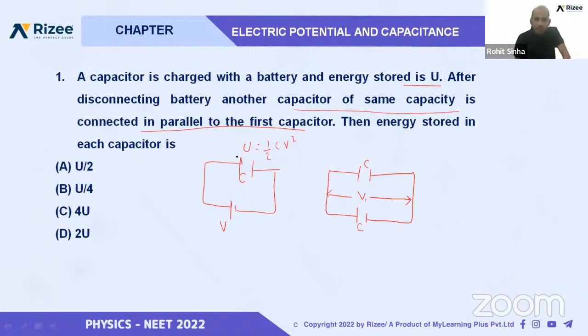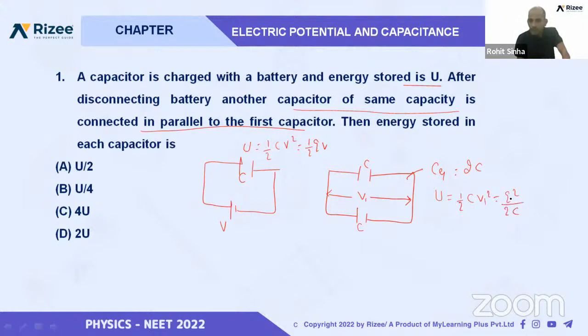From here, we know U is equal to this, we can also write it as half QV. Now if they are connected in parallel combination, their equivalent capacitance will be 2C. Now to calculate U, we need half C V1 squared or Q squared by 2C.